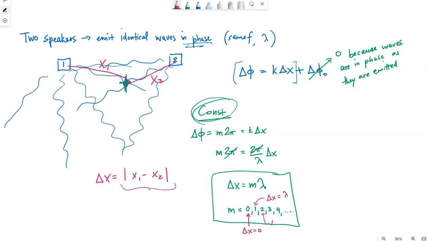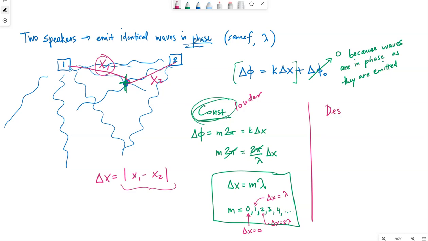M equals 2 means delta x is 2 wavelengths. All that means is one of these traveled 2 wavelengths farther than the other one. And so we still observe the constructive interference. So with sound, we would hear that sound louder with those two constructively interfering compared to just one speaker alone.